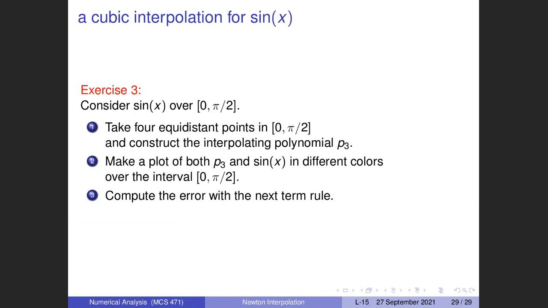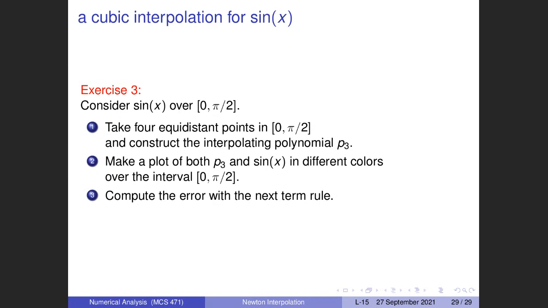Here is the last exercise. We're going back to the sine function. We compute an approximation with 4 equidistant points. And the next term rule, even if you don't want a next term rule, is also a bound on the error.